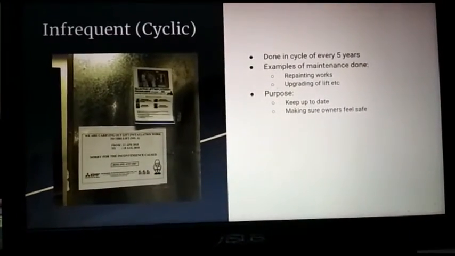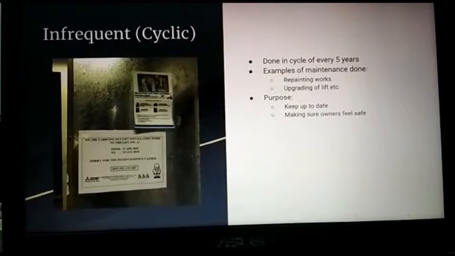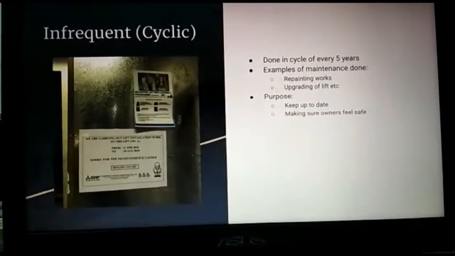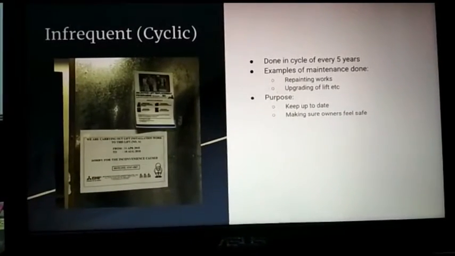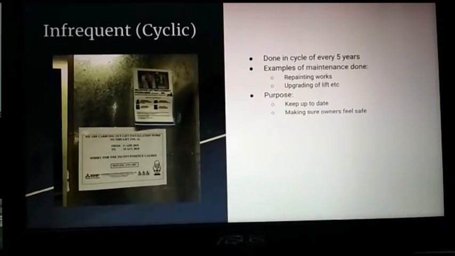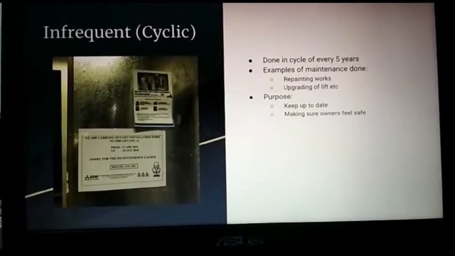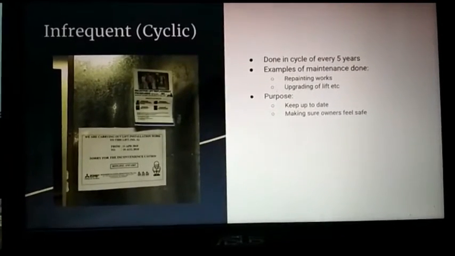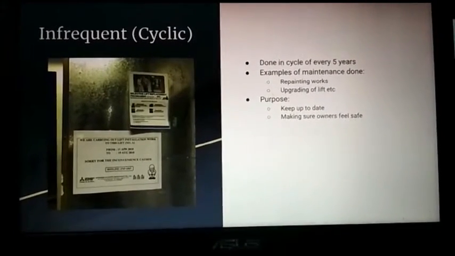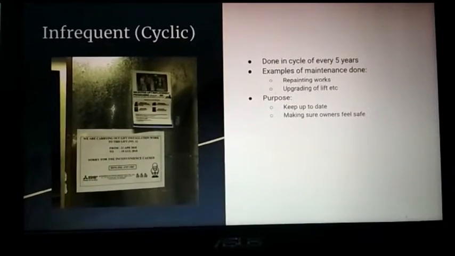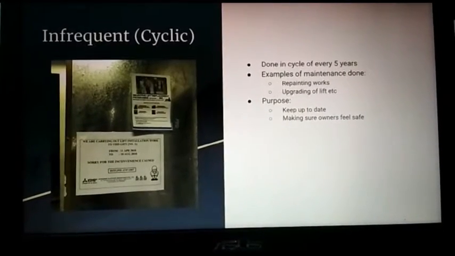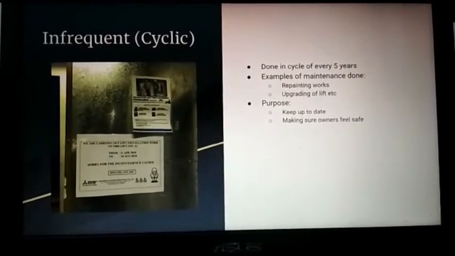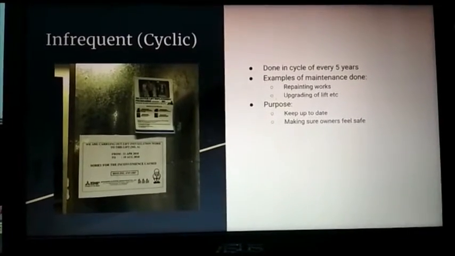Infrequent maintenance is divided into two parts, which are cyclic and non-cyclic. For cyclic, the maintenance work is done in a cycle of every 5 years. Examples are repainting works, such as repainting the walls of the HDB, and upgrading of lifts. The purpose is to keep up to date and make sure the owners feel safe living in the HDB.